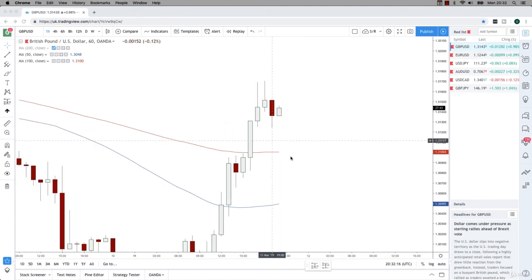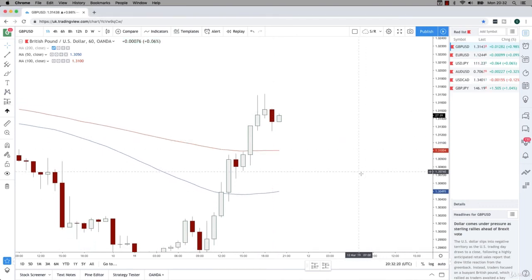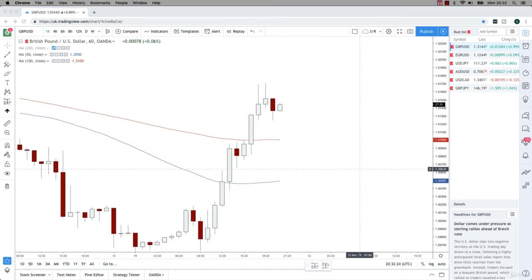So this is what price action is really about, because each one of these candles tells a story of what price is doing. So the bigger the candle, the more buying power there is in the market. The smaller the candle here, the less buyers are in control.